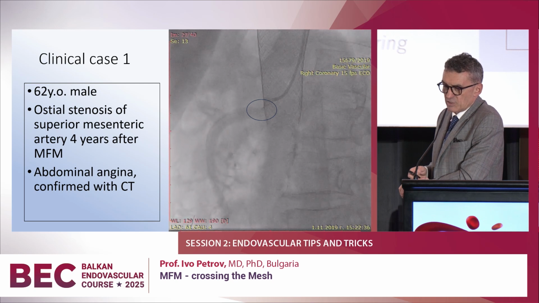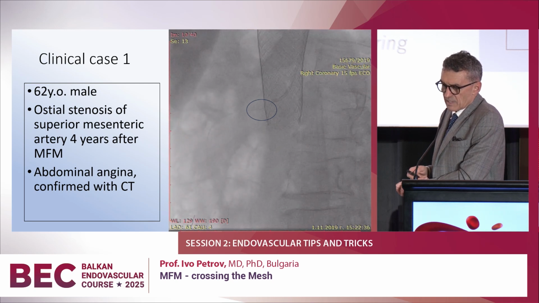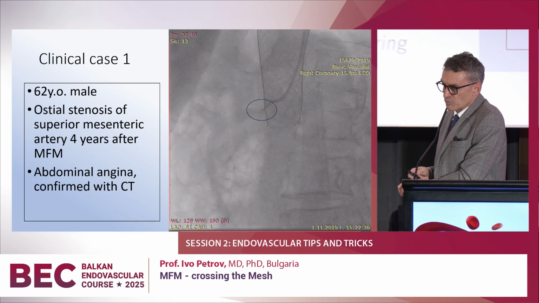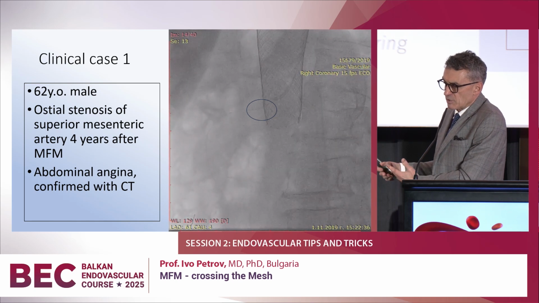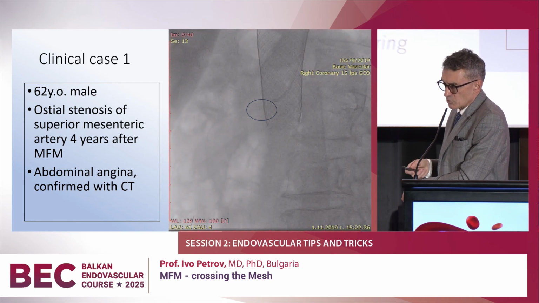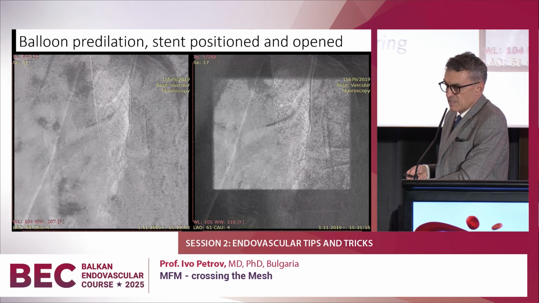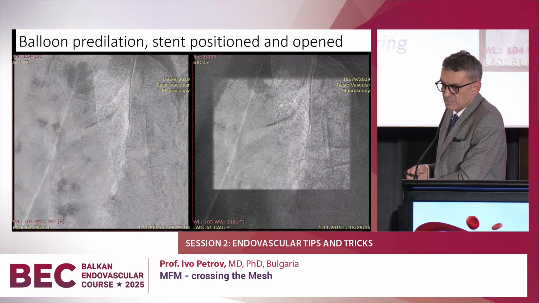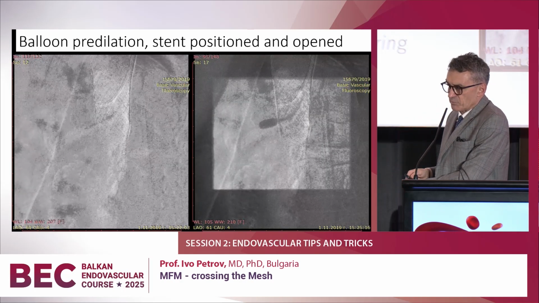This is a 62-year-old male with osteostenosis of the superior mesenteric artery 4 years after the MFM implantation, with abdominal angina, with not very good communication in the rheolan anastomosis between the celiac trunk and the mesenteric. As I already described, this was the step-by-step anchoring of the catheter before implanting the stent.